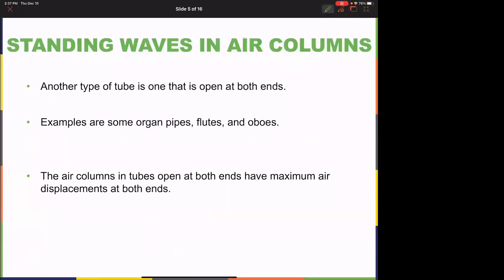Another type is an open pipe resonator. Like an organ pipe or a flute or an oboe. Just a couple examples for you.